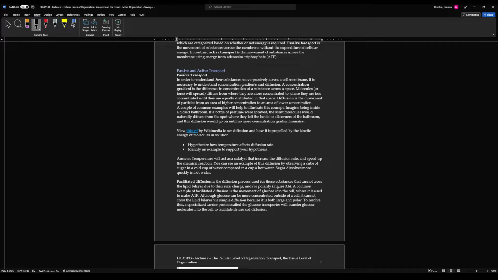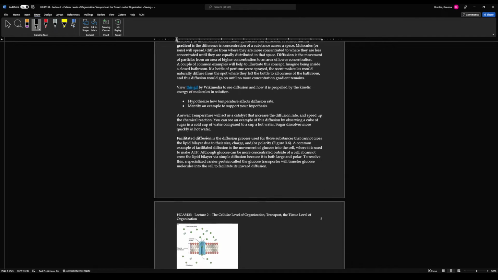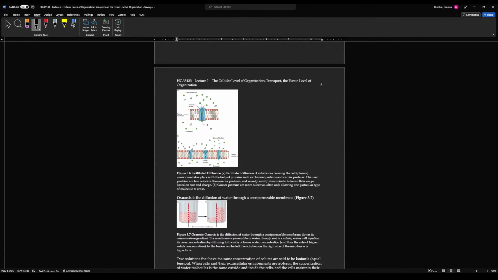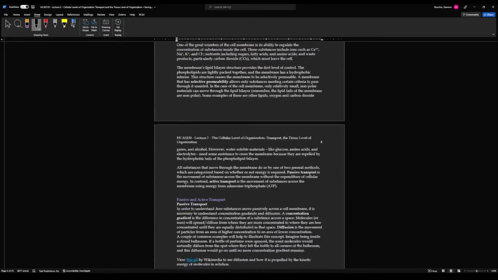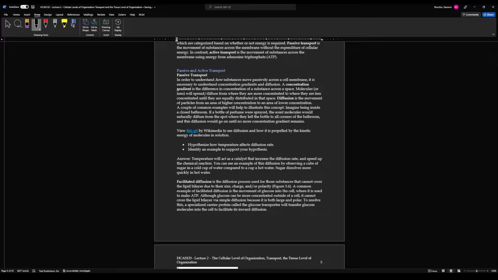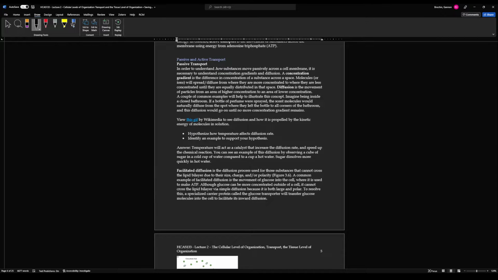So if we have a ton of sodium inside of the cell and very little sodium outside of the cell, naturally those things would want to even out to where it's eventually equal inside versus outside.